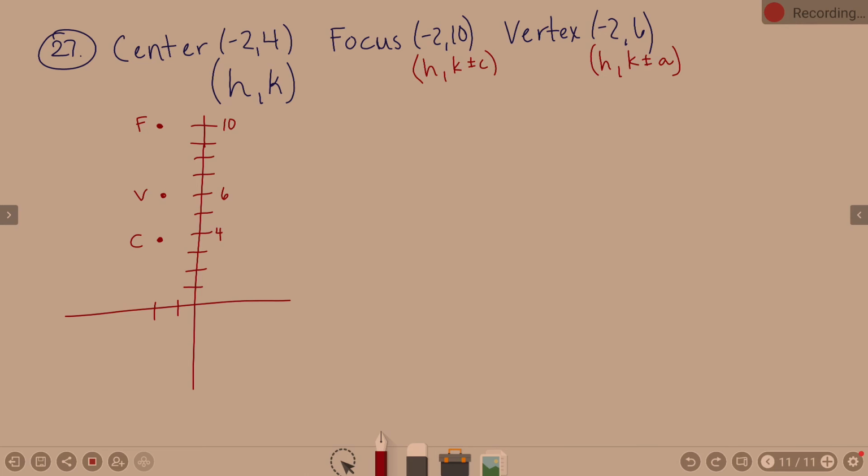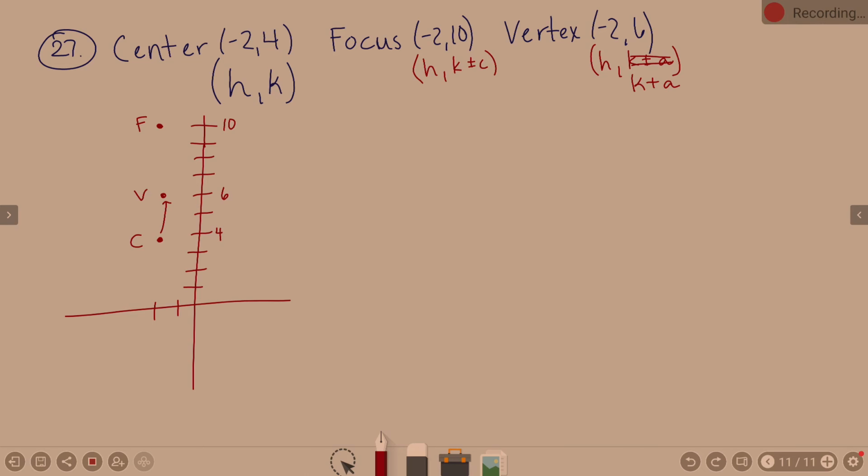The idea here is, let's use our vertex first. The vertex is k plus or minus a. So one of them is going to be k plus a, the other one's going to be k minus a. Well, we only have the one that's bigger, which is why I was trying to get you guys to think that this is going to be the one k plus a. Because I keep telling you guys, a takes you from your center to where? To your vertices, right? Your c value takes you out to your foci.